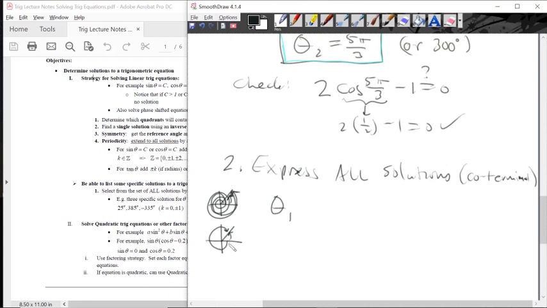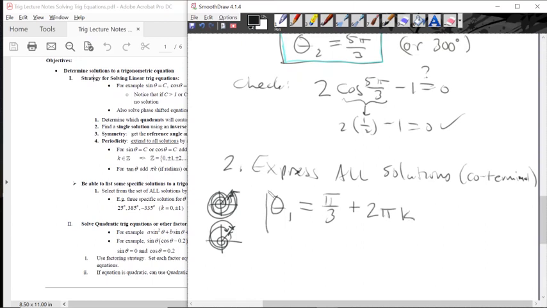Or what if we rotated backwards through a full rotation and back again? All of these possibilities can be found by taking the initial solution in quadrant 1 at pi over 3, and then adding k times the period, which in this case is 2 pi.